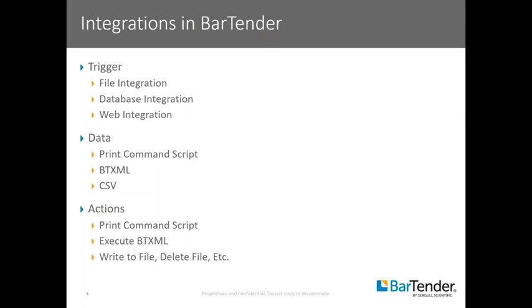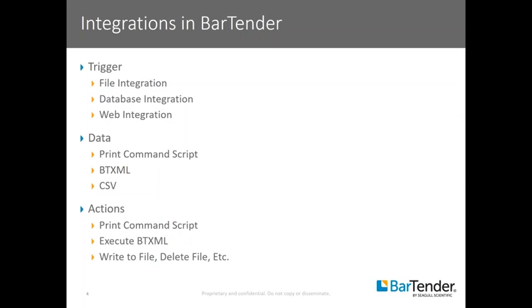There are almost endless options as far as how the data can be structured. The important thing is to make sure that the data structure is consistent. For example, if we decided to build an integration using print command script or XML, we'll want to make sure that we comply with that syntax or structure moving forward from that point on.